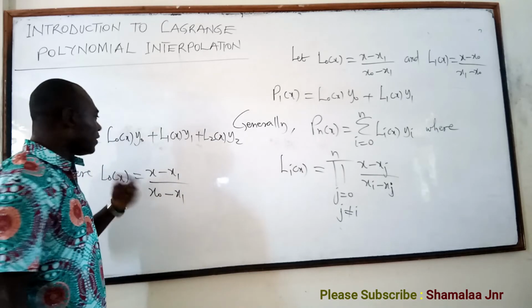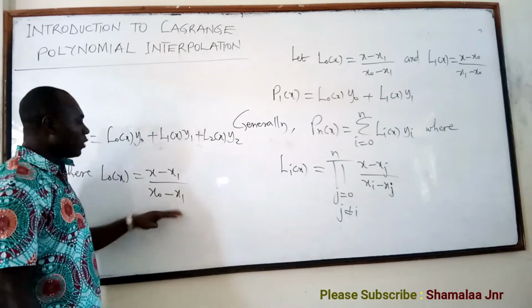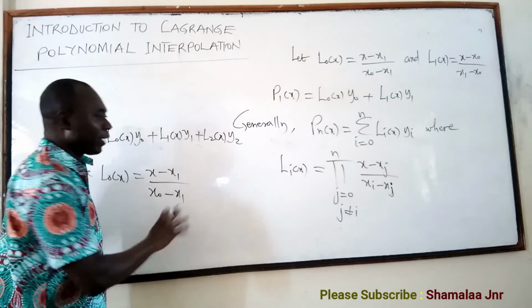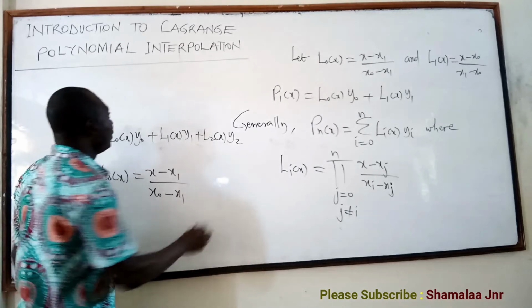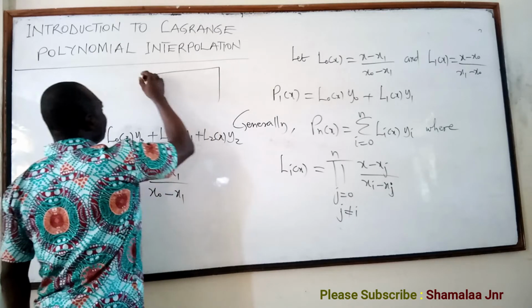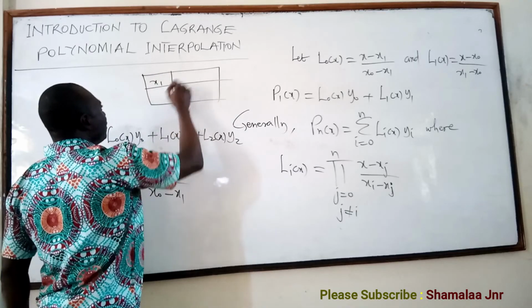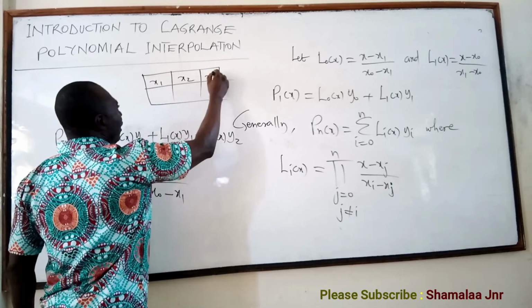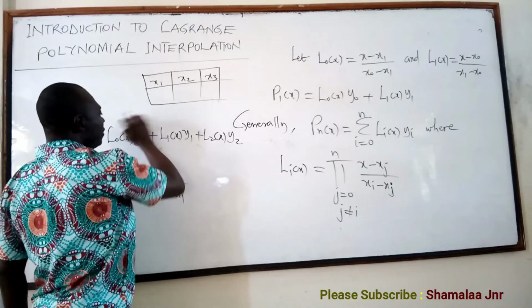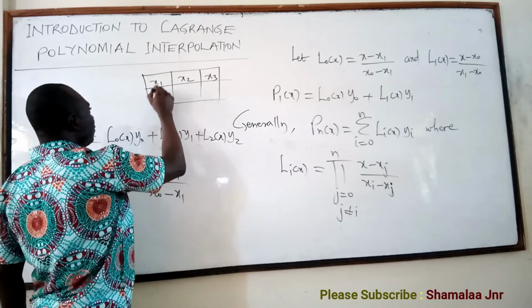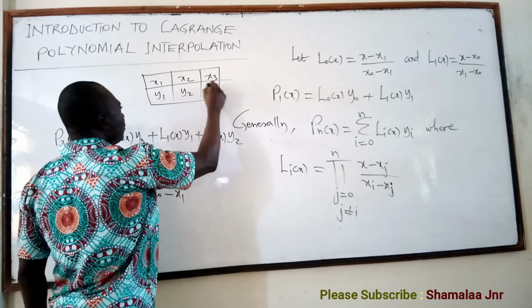Now viewers, because it is a polynomial of degree 2, you can't stop here. Because when you are given a question, it will be something like this. You are given x0, x1, x2 and the corresponding y values, y0, y1, y2.